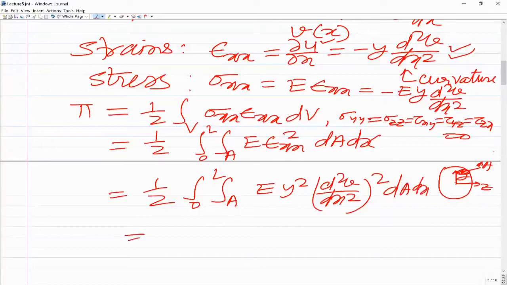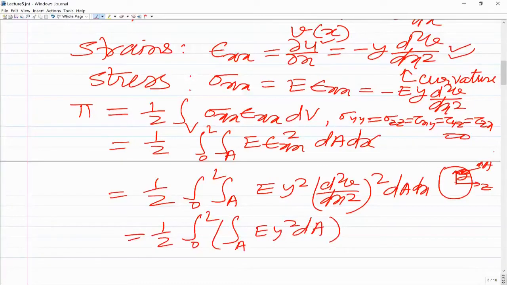So now in this what you can do is half integration 0 to L and integration over the cross section. So we have E y square dA, because this is the only function of the cross sectional coordinate, and then d2v by dx square of course is only function of x, so we have this dx, so you can write it like this.